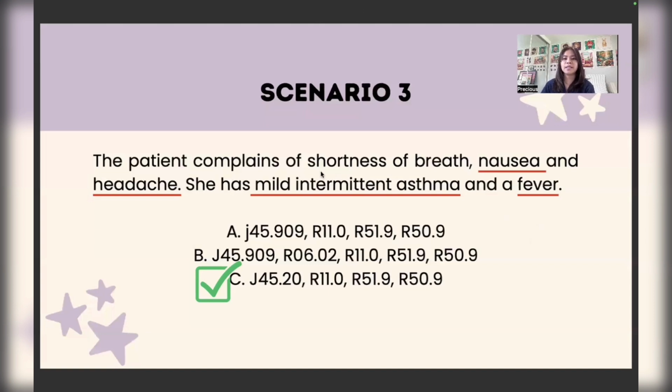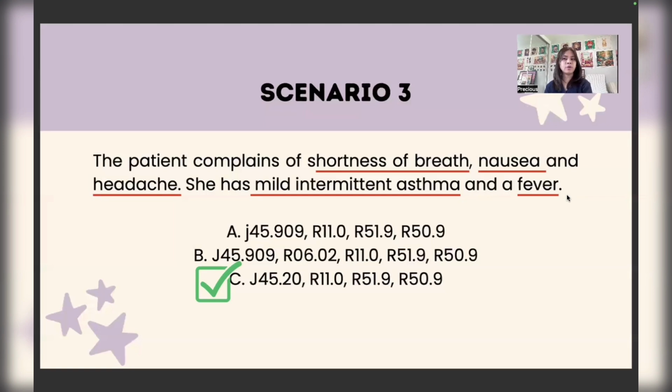So what conditions do we see here? We have shortness of breath, nausea, headache, mild intermittent asthma, and a fever. We have 1, 2, 3, 4, 5. We have 5 conditions, but why do we only have to report letter C, which only has 4 conditions?